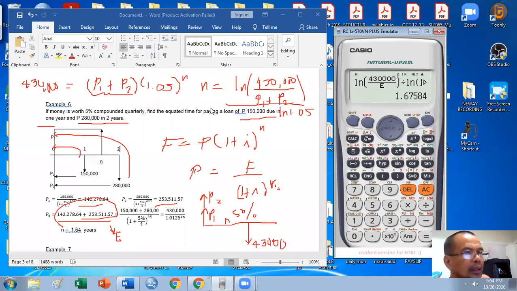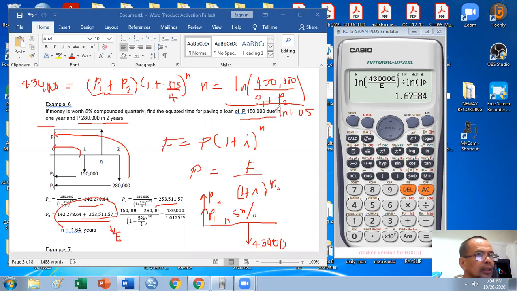I made a mistake here. It should be 1.05. The interest should be 1 plus 0.05 rate divided by 4, raised to the n.